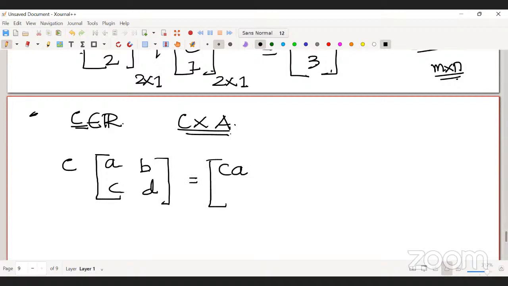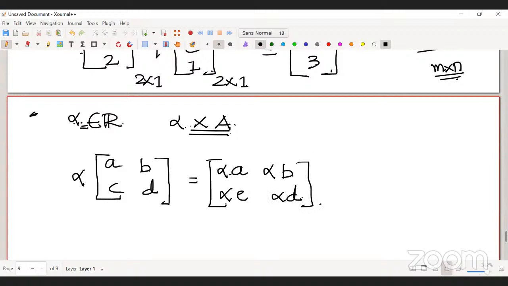Let me take alpha instead of C. If I multiply alpha with this matrix, I'll get alpha A, alpha B, alpha C, and alpha D. So you just need to multiply the number with all the entries of the matrix. That is how we define scalar multiplication with a matrix.